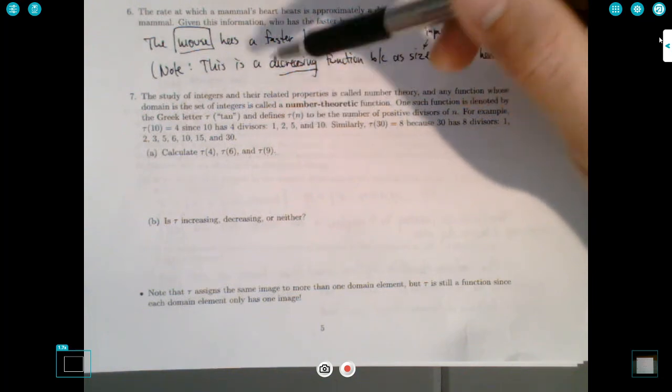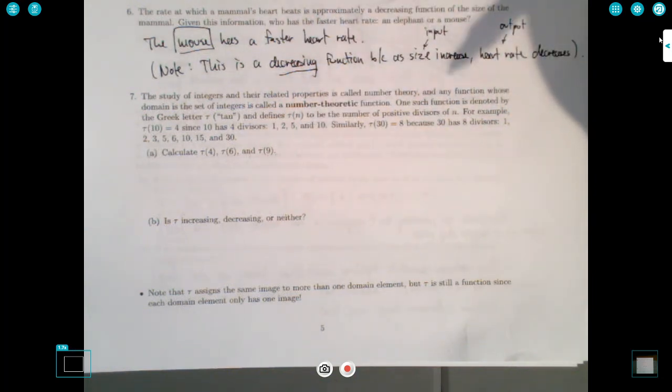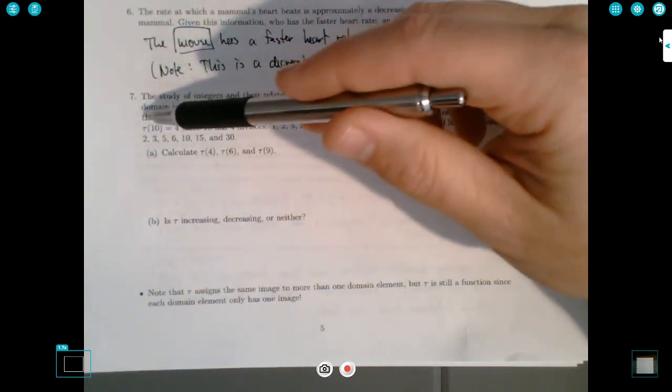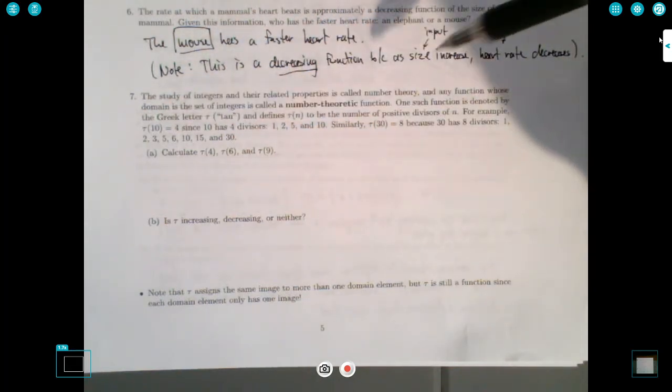Like 4 doesn't go into 10 evenly; it would go in 2.5 times. So 4 is not a divisor of 10 because it doesn't go into 10 a whole number of times. So these are the only 4 divisors of 10, and so tau of 10 equals 4.